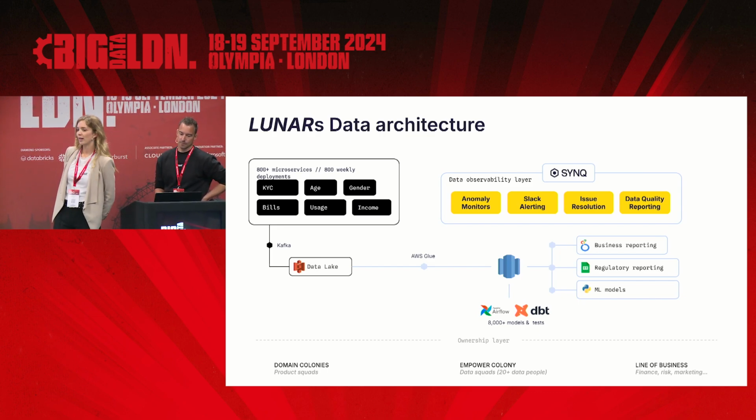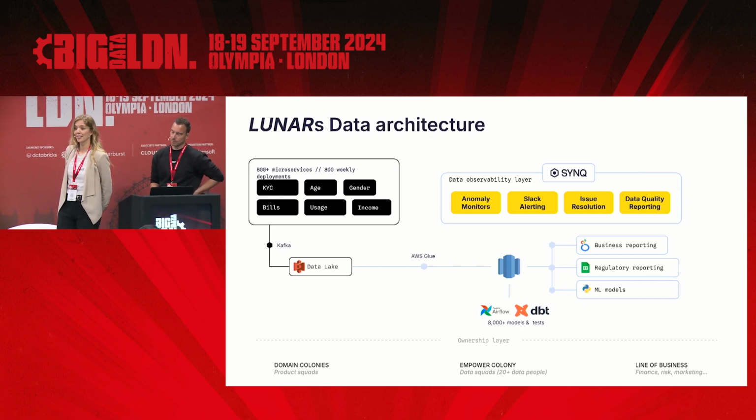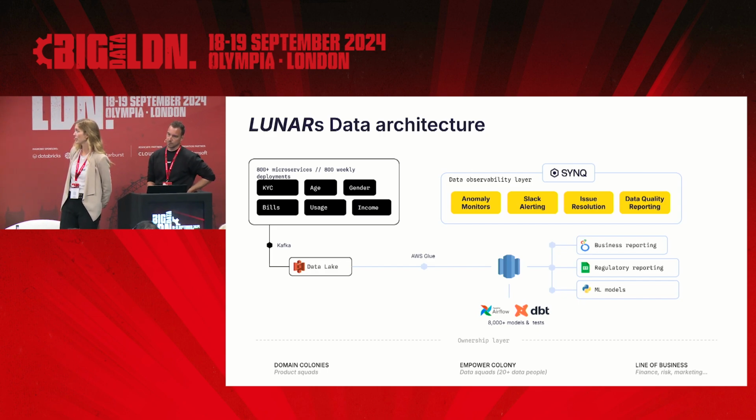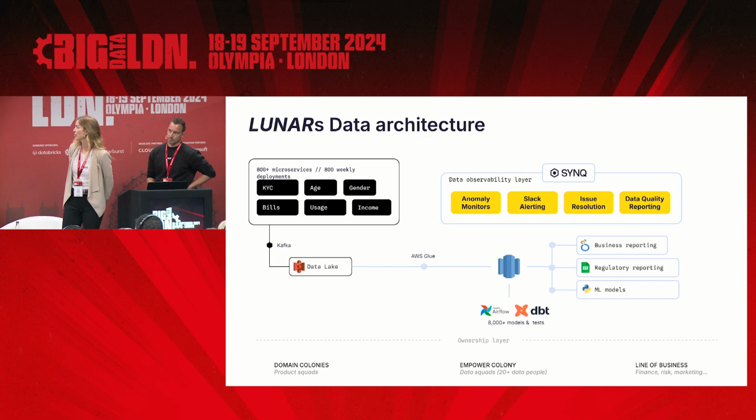We build a microservice architecture, all event driven. All the squads build their own microservice that emits data into Lunar, and other squads can catch up this data or events. We have around 800 microservices running, emitting this data, and approximately 800 weekly deploys, so a lot of data floating around, and things are going really fast.